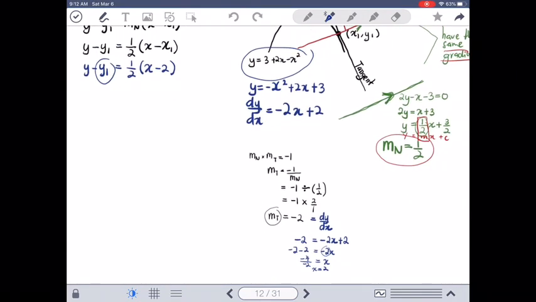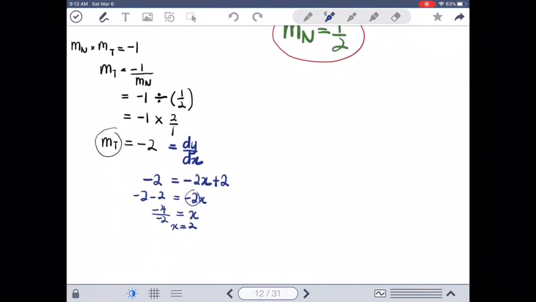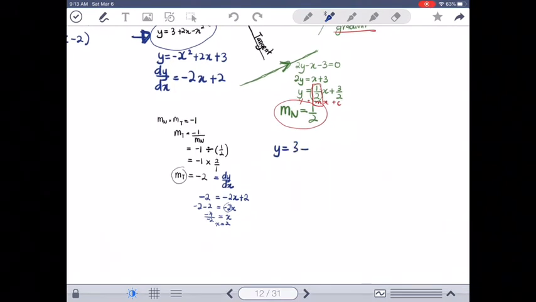You just take x equals 2 and insert it into the formula of the curve, because obviously for each value of x we will have a corresponding value of y. So y equals 3 plus 2 times 2 minus 2 squared.